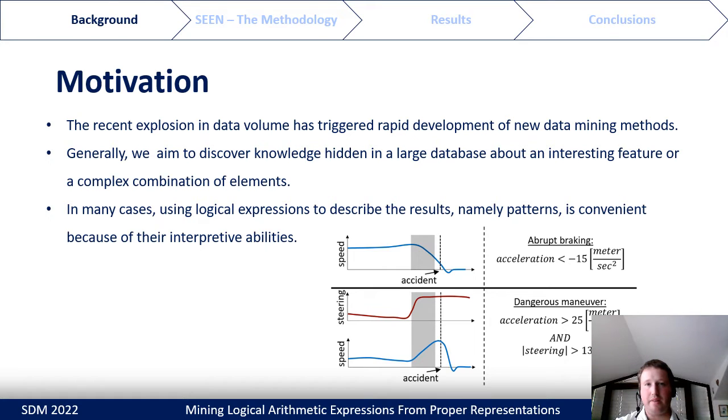This pattern is expressed by two conditions, one for the acceleration variable and another condition for the steering angle. The two conditions form one logical expression, which is a conjunction of the two. Surely, conditions may involve more than one variable with more complex terms.